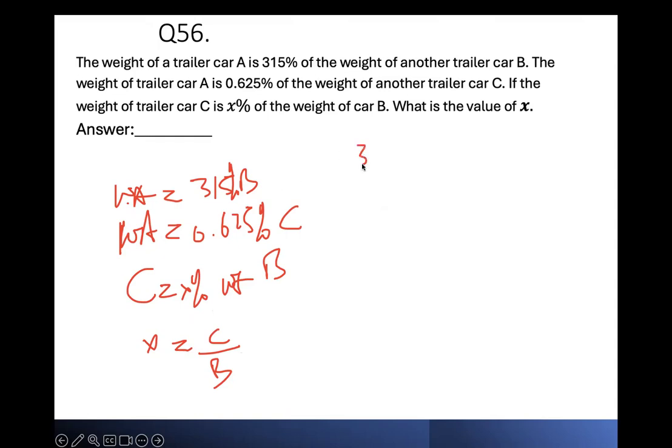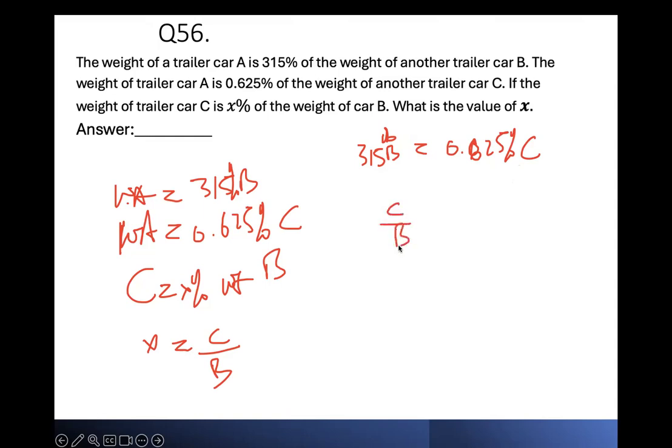That means 315% of B, right? That is very, very important. You must write it. Percent is equal to 0.0625% of C.